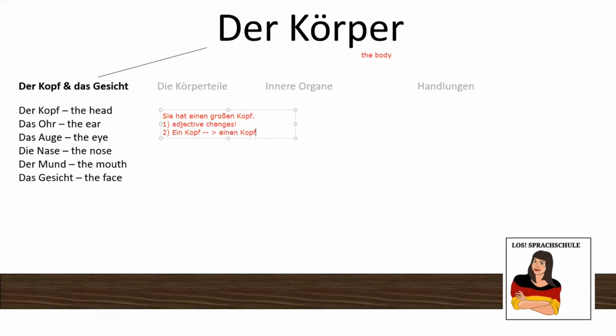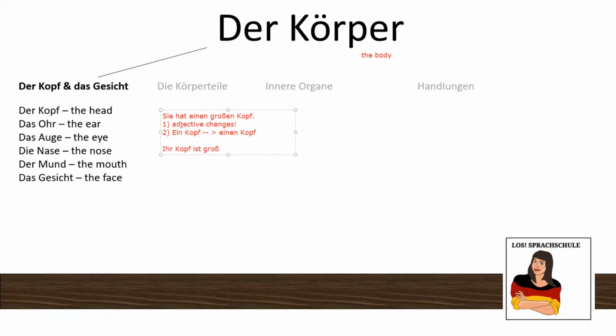If you are not familiar with this grammar and you think, oh no, do I have to think about all this before I can describe something? I can tell you there is an easier way for the beginning, but you need to learn this grammar. We will talk about it soon in my grammar section also. But an easier way, I think I said it before, you can also say, ihr Kopf ist groß.